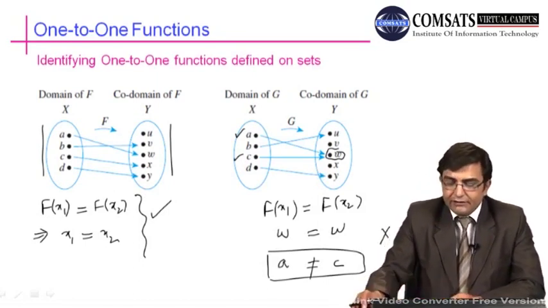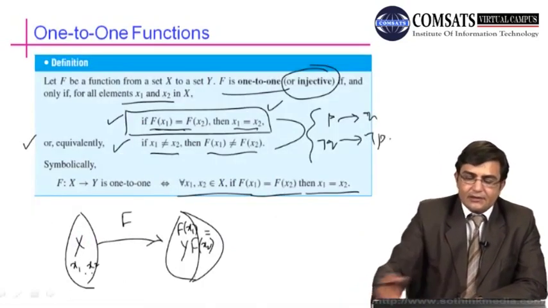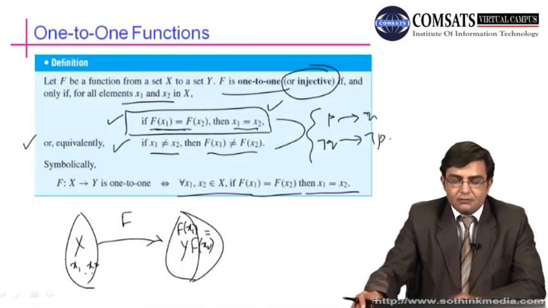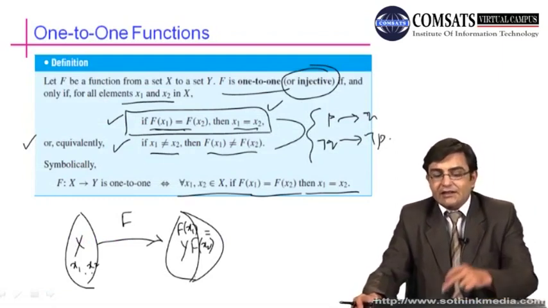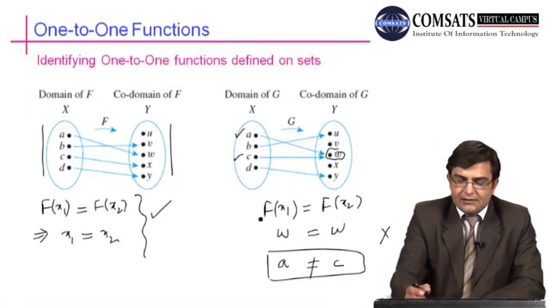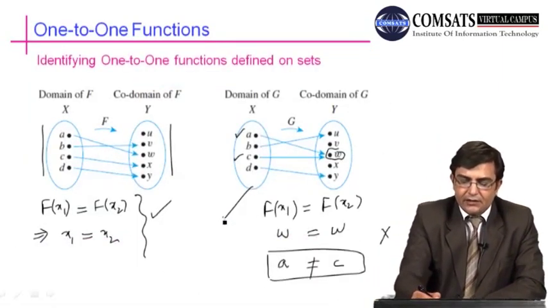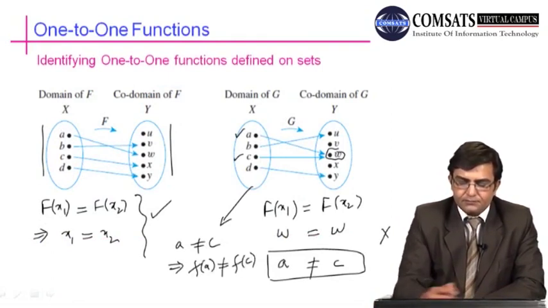Or alternatively, as we have seen in the second statement here, we can define this condition equivalently as this. We can verify this also in this case. If we take here A is different from C, does this imply f of A is different from f of C?